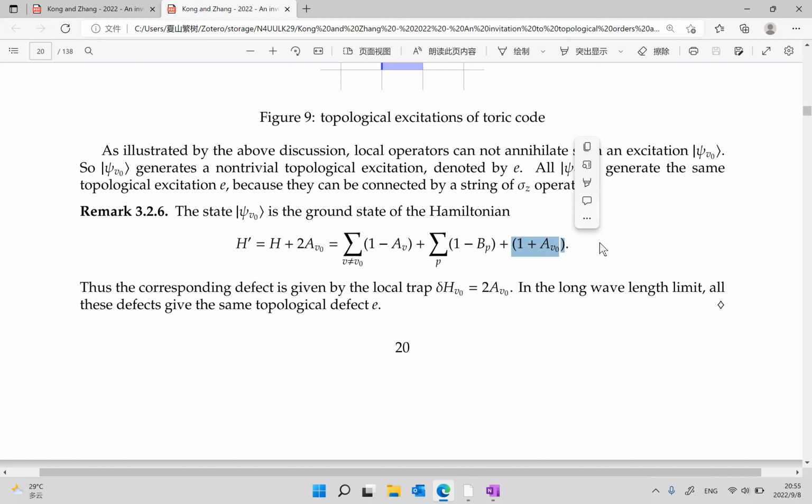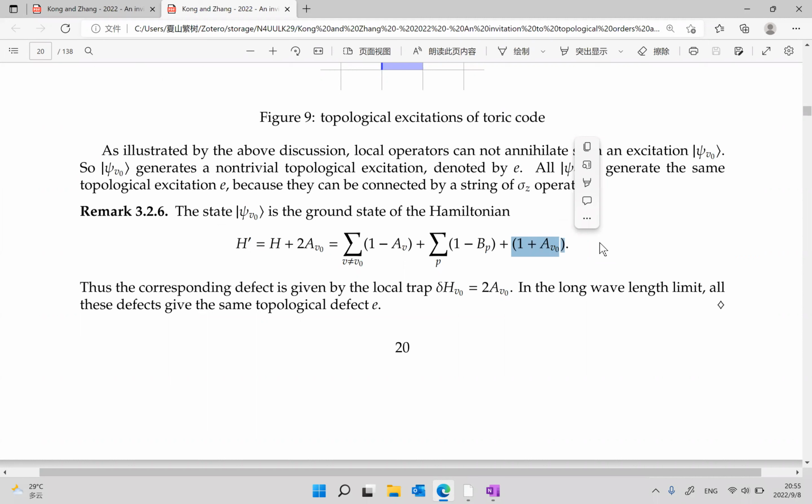We should have a pair. The energy for this term should be 4. No, two A_V plus 2 A_V, some other A_V. The product of all A_V equals 1, just the counting on the closed manifold.